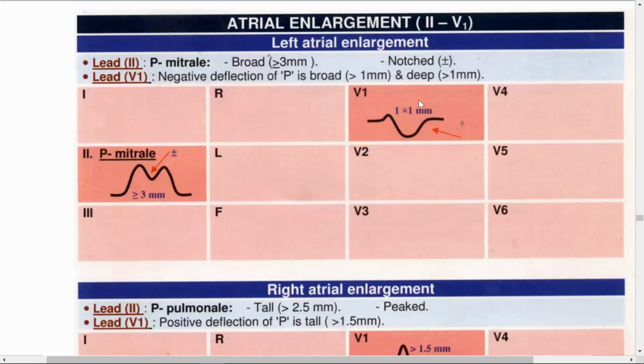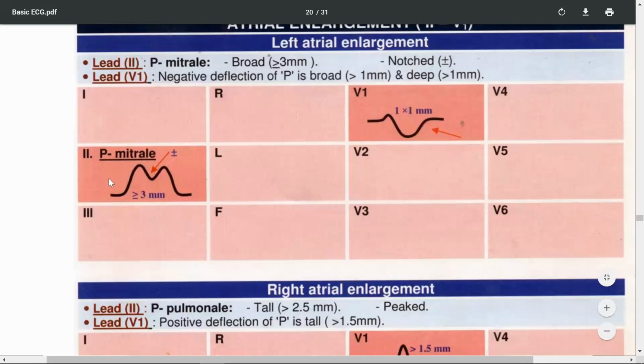Here in V1, normally the P wave is either negative or biphasic. In left atrial enlargement, there will be a negative deflection of more than 1 millimeter. For left atrial enlargement, we need only one criterion. That's enough.